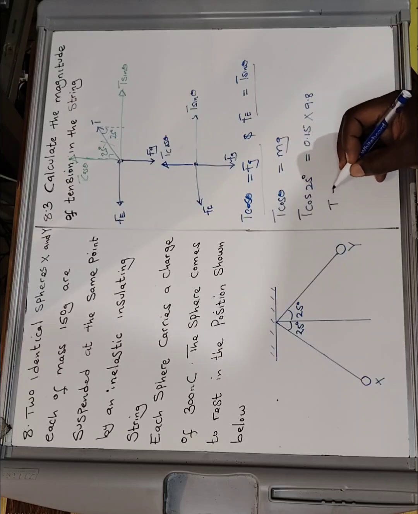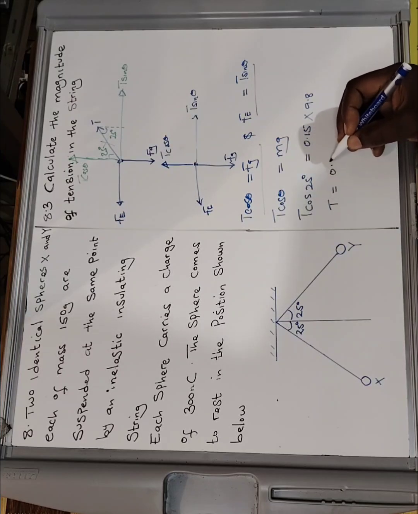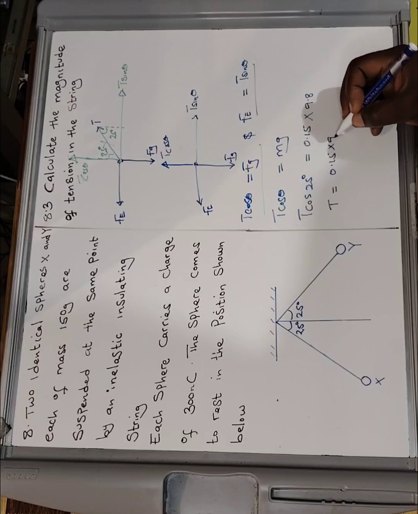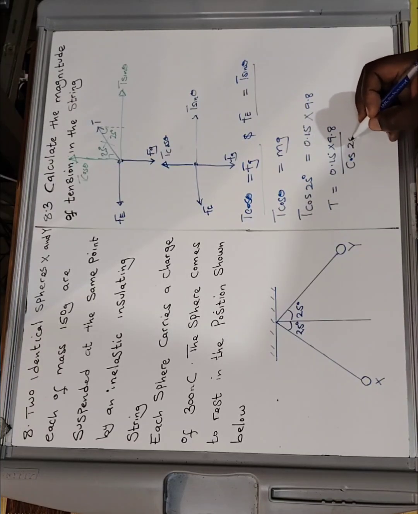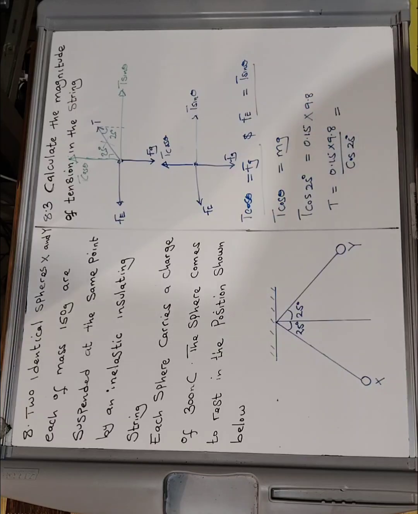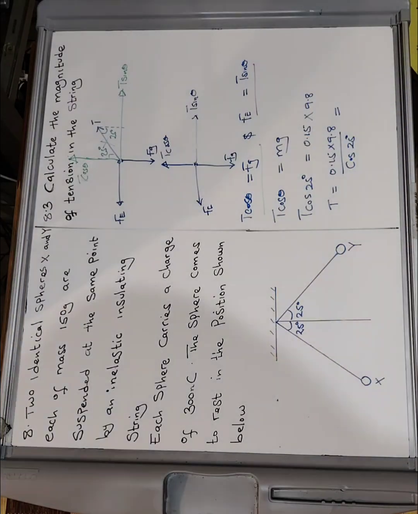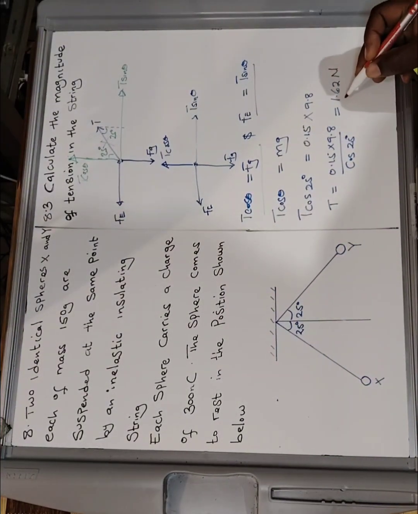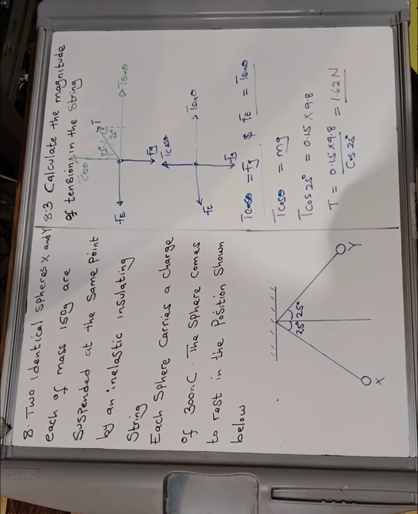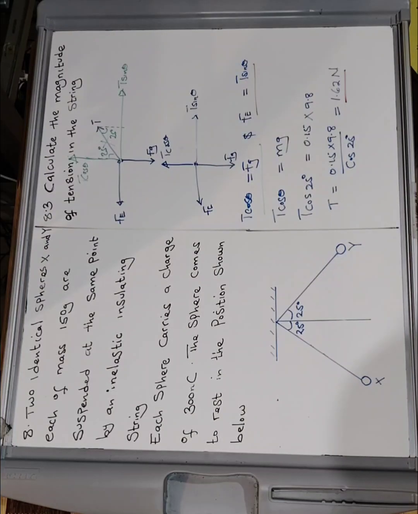So we'll get our T as 0.15 times 9.8 divided by cos 25 degrees. What you get there will be the tension. Let's find it out. After substitution and rearrangement, we get our tension as 1.62 newtons. Okay, then we go to the next question.